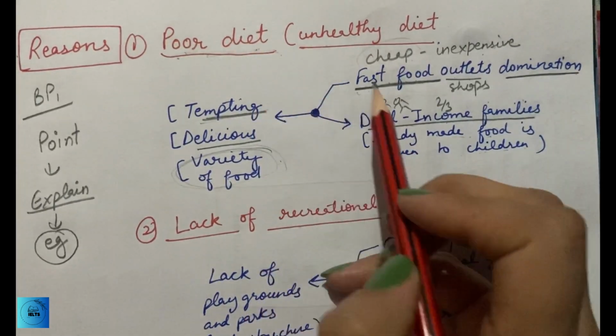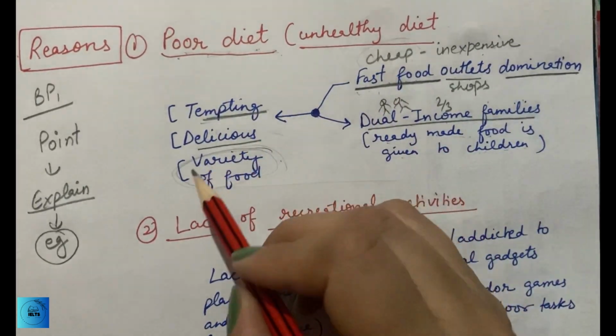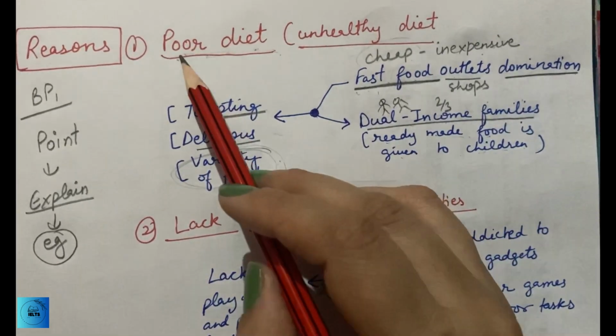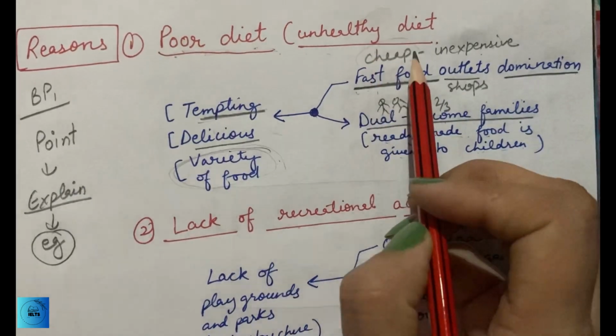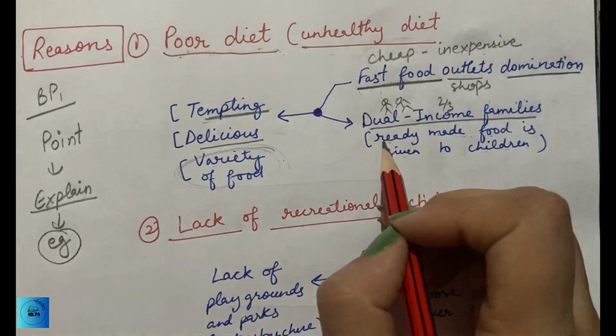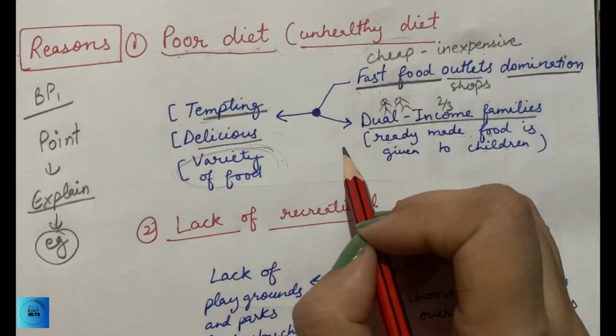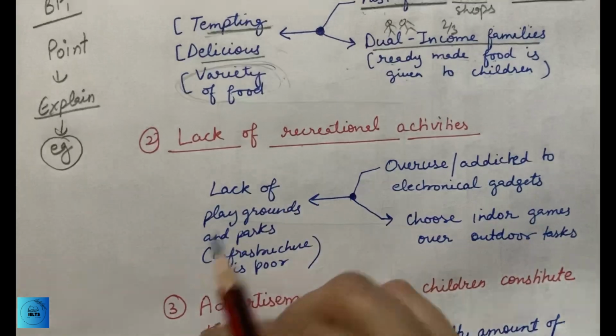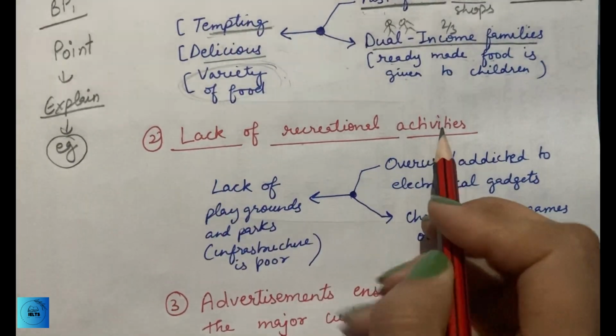But junk food provides us a variety of food items, so that's why people are preferring an unhealthy diet. But as a result of this, they are becoming obese, the fat is getting deposited in their body.